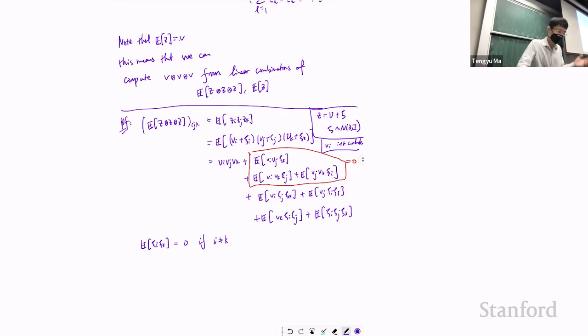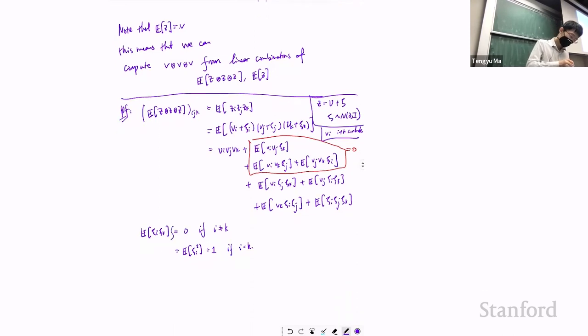They're both 0, so you get 0. And this is 1 if i is equal to k, because it equals the expectation of ξ_i squared. So in summary, the expectation of ξ_i ξ_k is equal to the indicator that i equals k.